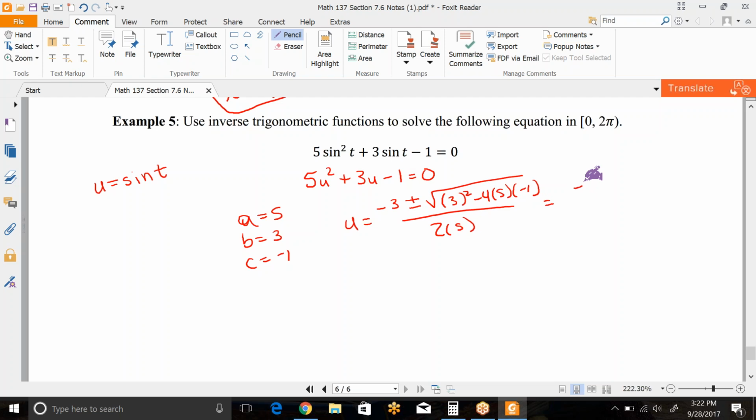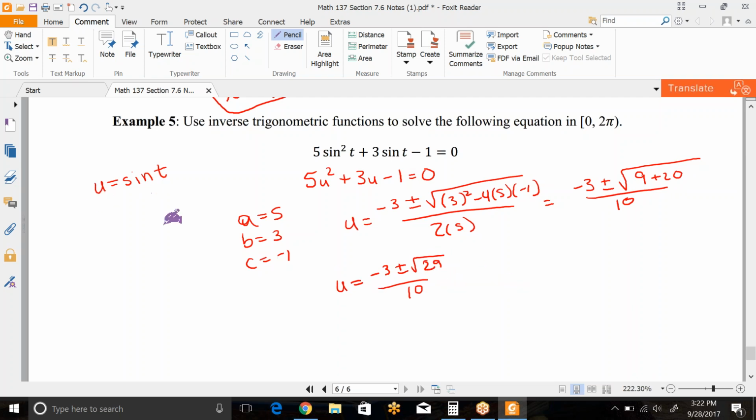So this would be negative 3 plus or minus the square root of 9, and that's going to be plus 20, all over 10. So u is negative 3 plus or minus the square root of 29 over 10, and 29 is not a perfect square or has no perfect squares that go into it.